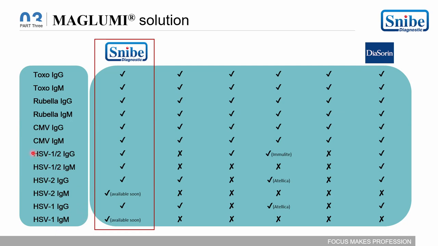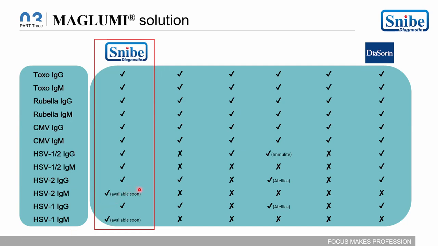So this is the difference between HSV1 and 2. If the patient or a physician needs specific antibodies, either IgG or IgM, for 1 or 2 differentials, we have launched these 4 parameters. They are launched as of today.